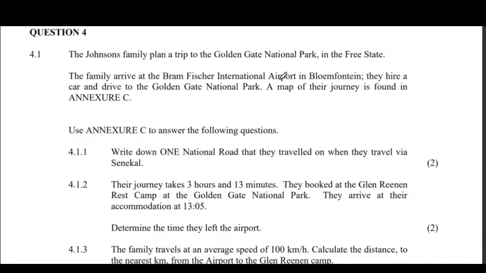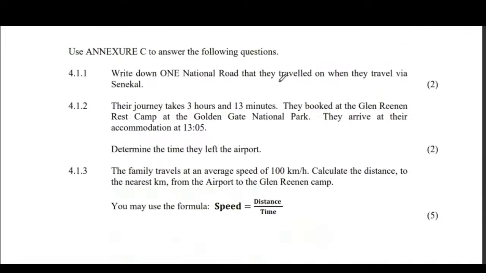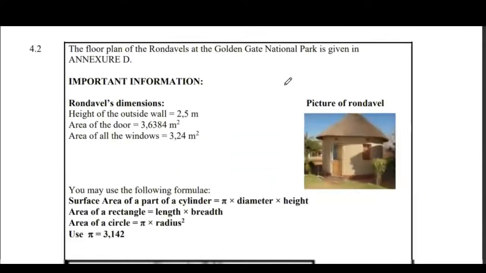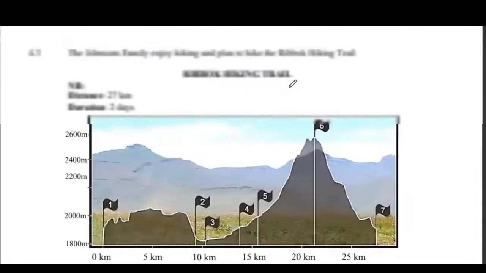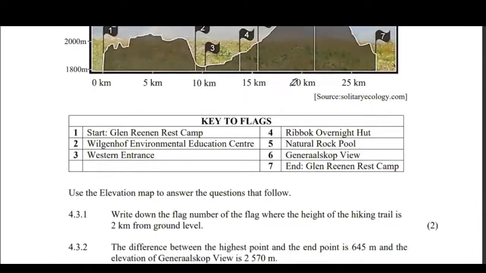This is a trip or maps. The moment you see the map, think of also the scale. What's the use of a scale? It's to change the diagram dimensions to real life, or the real life dimensions to fit on paper.